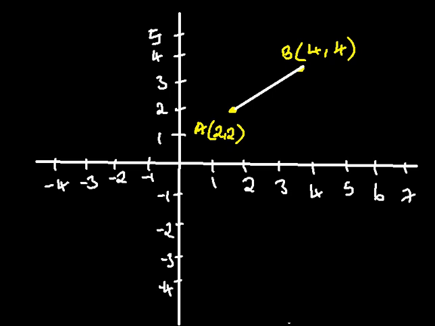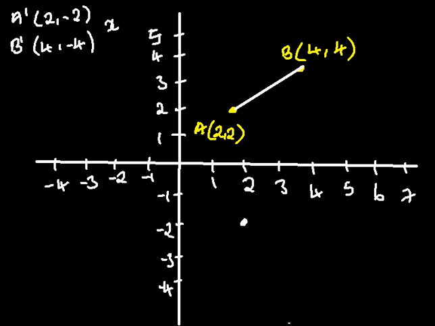Now, what is the reflection of the line along the x-axis? Reflection of the line along the x-axis means the image of point A along the x-axis will be 2, negative 2, and the image of point B will be positive 4, negative 4. That is the reflection along x. And what would that point be? We'll have it as 2, negative 2.